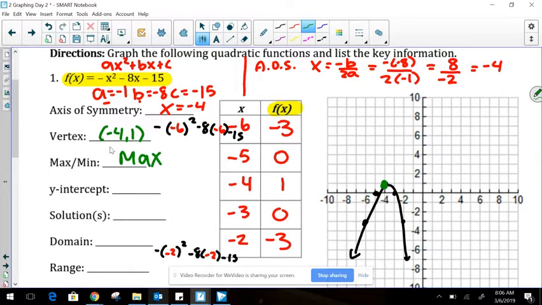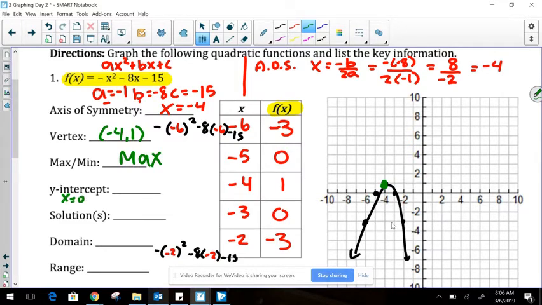All right, my y-intercept. Oh no, this doesn't cross the y-axis. But if I made my graph longer, it's eventually going to cross the y-axis. So if you don't see it on the graph or your table, you need to plug it in yourself. The y-intercept is when x equals 0.